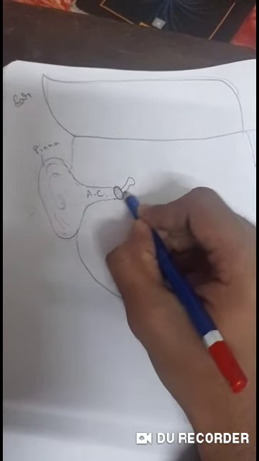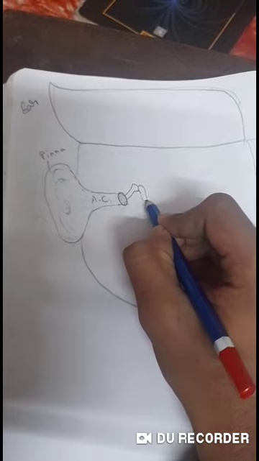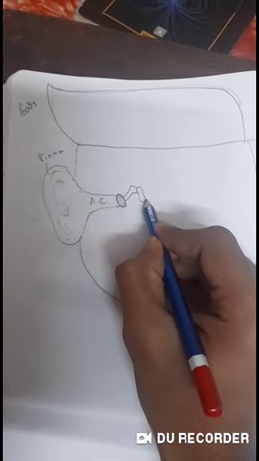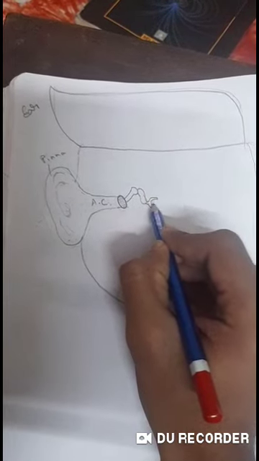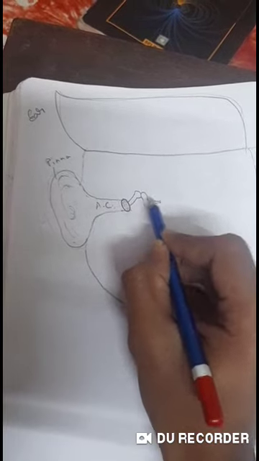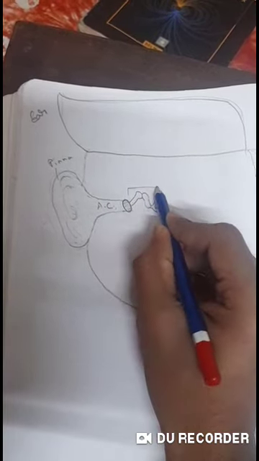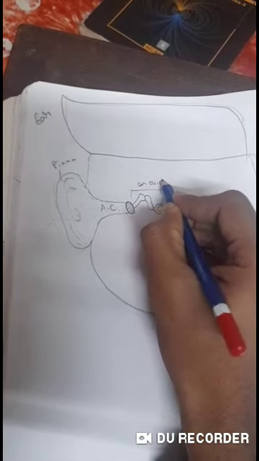This is the hammer, and another similar structure, the anvil. And this is the stirrup, which is like a horseshoe. Malleus, incus, stapes, or hammer, anvil, stirrup. These three together are known as ear ossicles.